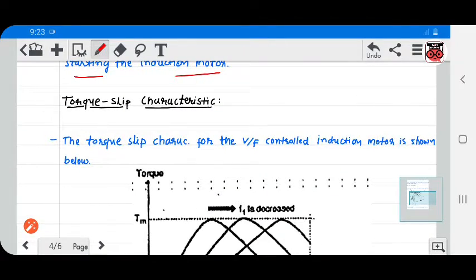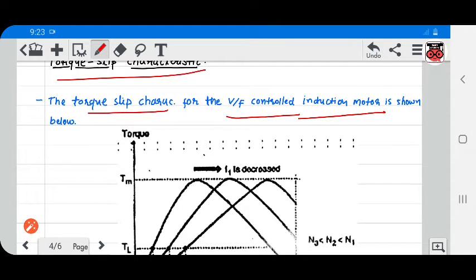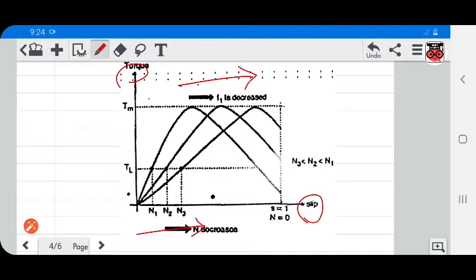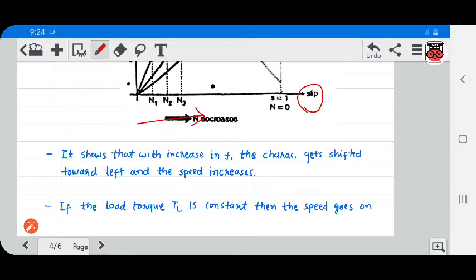Now, the torque slip characteristic. The torque slip characteristic for a V/F controlled induction motor is shown below. In this graph, you can see torque versus slip and speed characteristic. At the right side, N1, N2, N3 indicate the speed is decreasing, and also the frequency is decreasing. From this graph, with increase in F1, the characteristic gets shifted toward the left and the speed increases.